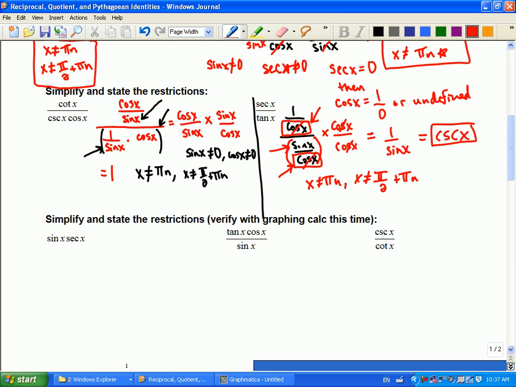Okay, so this time I actually want to show you with the graphing calculator that it's not just hocus pocus. You can actually visualize what's happening here. If I was to try and simplify this one, I'm going to have sine of x times 1 over cosine of x. And that's going to mean I have the tangent of x for my simplified identity.